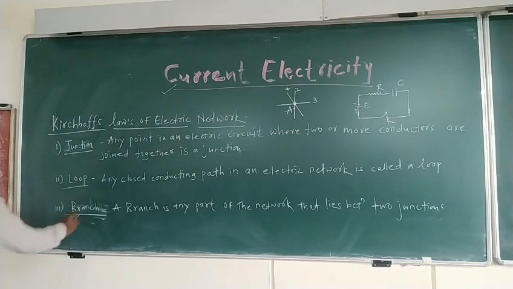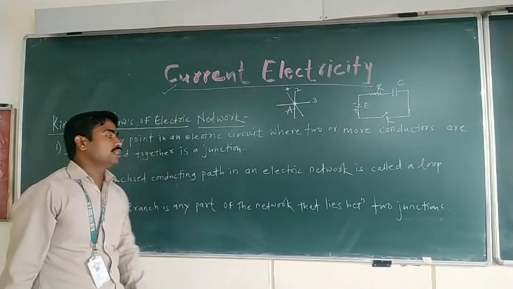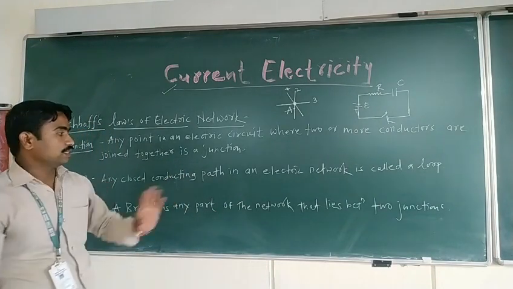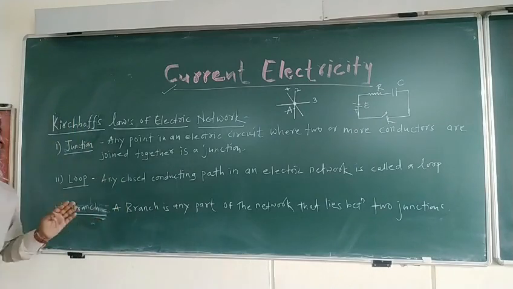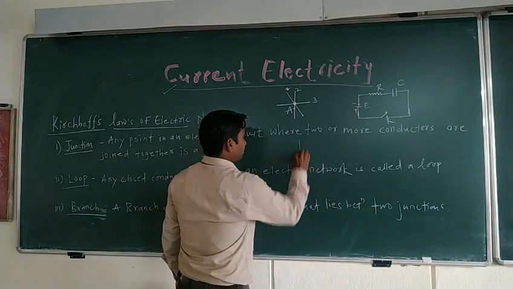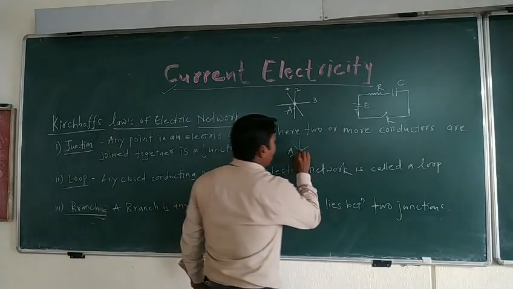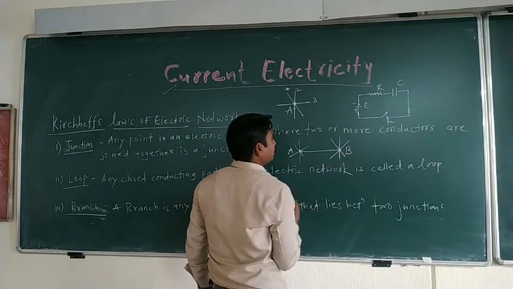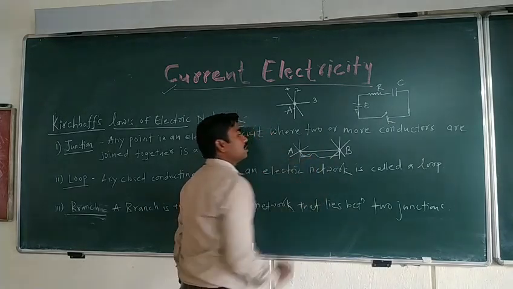Next one, branch. A branch is any part of the network that lies between two junctions. For example, consider junction A, and we join this part with another junction B, and the portion between both is called a branch.